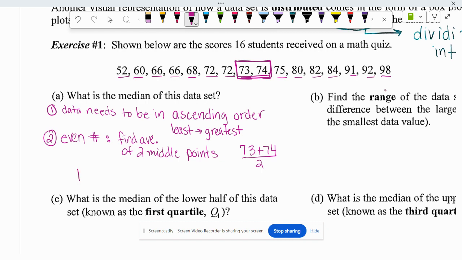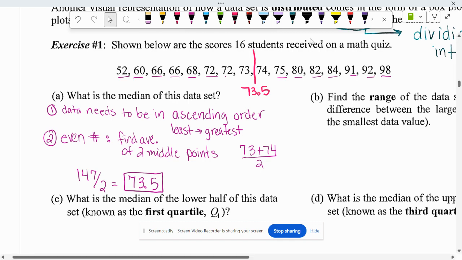That gives me 147 divided by 2, which I think is 73.5. Okay, so that's the median. I'm just going to put 73.5. We might be able to create a box plot just around this data set.